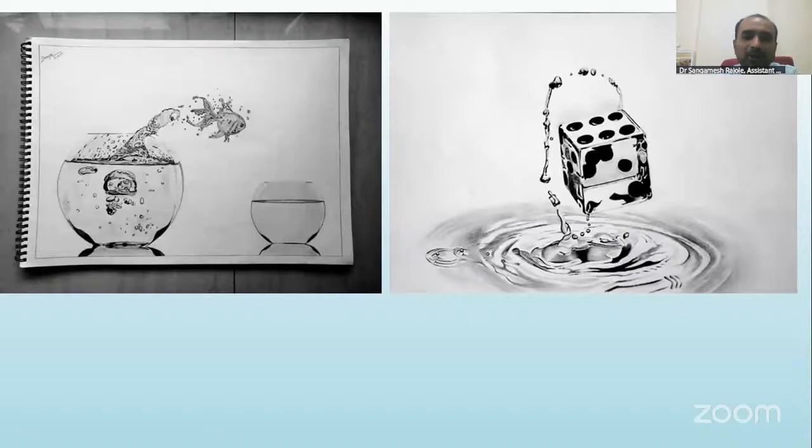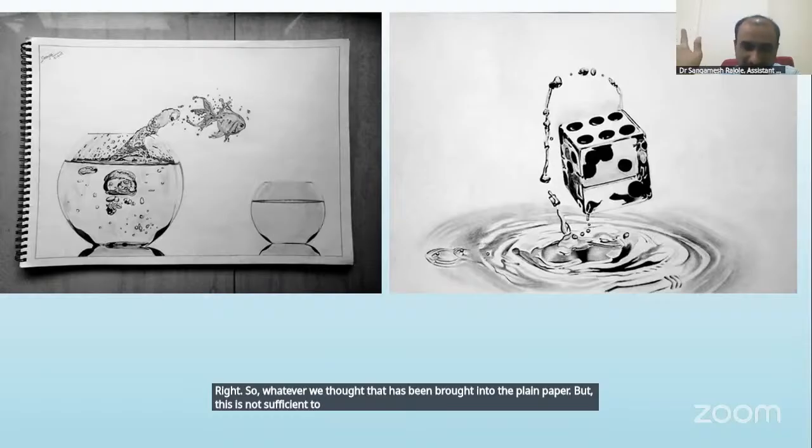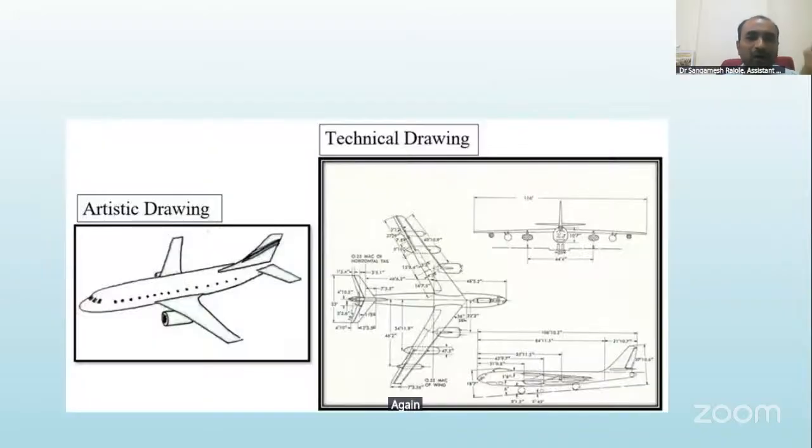See, by looking at the picture, what you can understand is it is a two-dimensional image, right? Whatever we thought has been brought onto plain paper, but this is not sufficient to print, right? Similarly, we have artistic drawing as well as technical drawing.